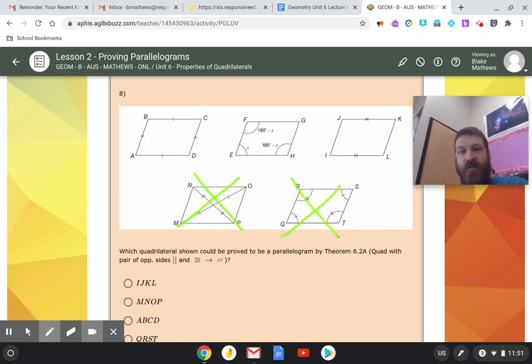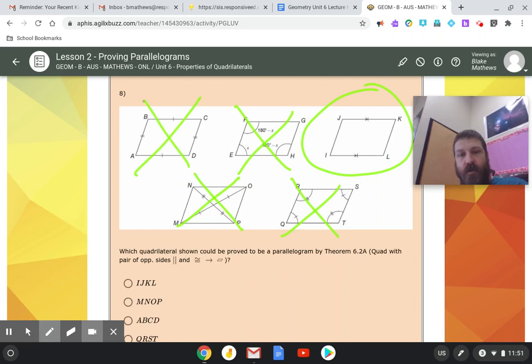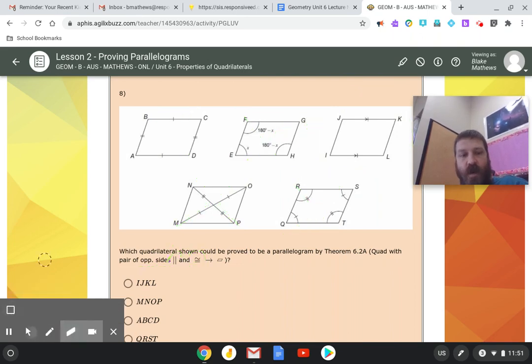This one is angles. That's not it. These ones are 180 supplementary. That's not it. This shows congruent sides. This shows parallel and congruent. That is my answer, because quadrilateral with a pair of opposite sides parallel and congruent is what happens in this diagram. So IJKL is the correct response for that one.